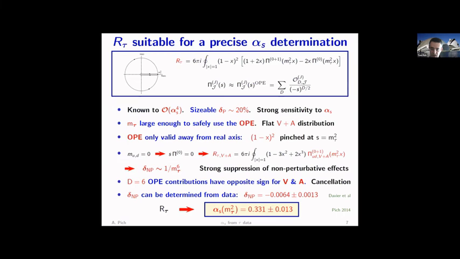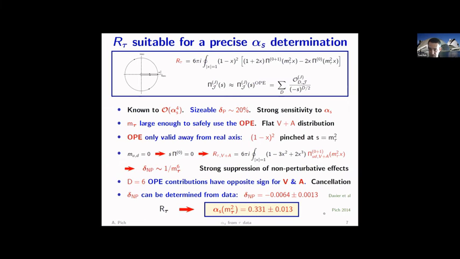I think Aleph did a very nice analysis of these observables, measuring the non-perturbative correction. That's the value Aleph gave to us some years ago. If I just use this value and put it into the tau lifetime without doing any other thing, it's quite trivial. I immediately get alpha S at m tau squared of 0.331 with quite a small error.